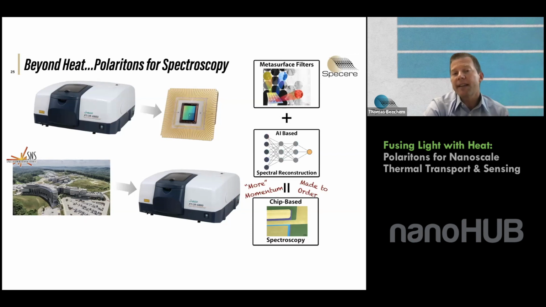And then the other thing I think that we can do, and this is probably separate to the chip, is really think about purposely designing metasurfaces to analyze materials using polaritons such that we get off the light line. And so we have more momentum and can examine more of the Brillouin zone.